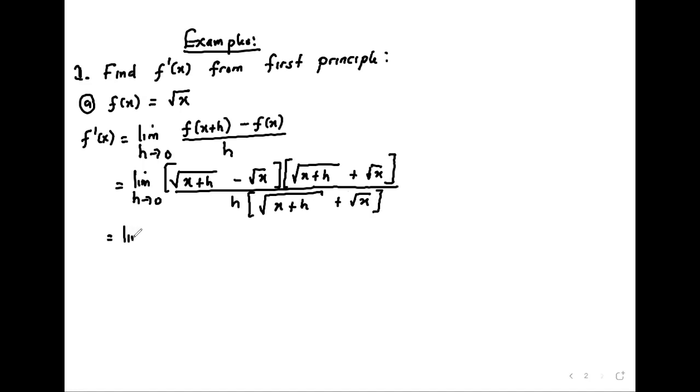So what is going to be the limit as h goes to 0, this part here times this part here. So you have x plus h. By now we are experts of rationalization. So you know what happens when you multiply that by that, that by that, that by that, but you only remain with x there like this. Then the denominator is intact.